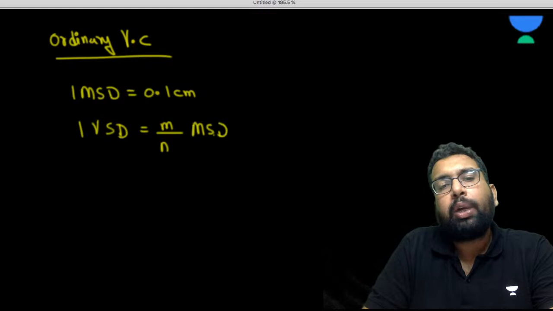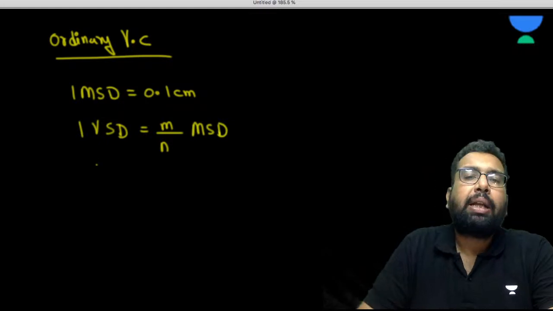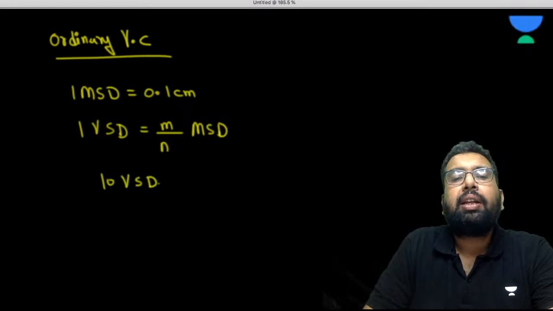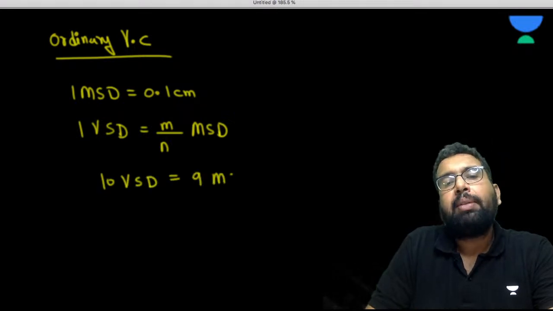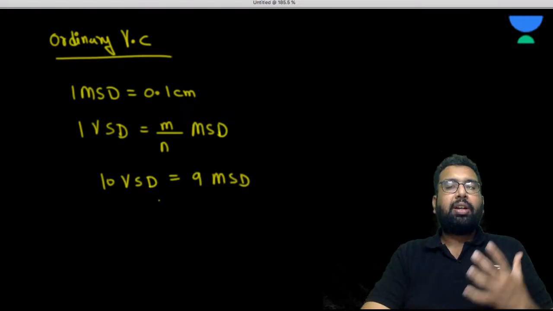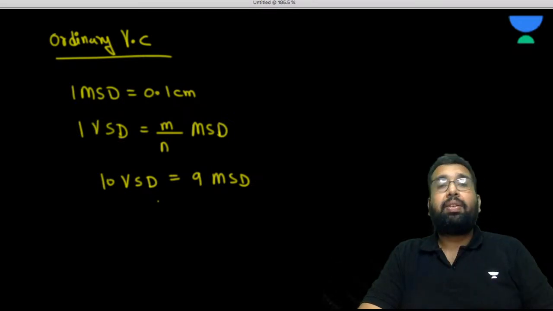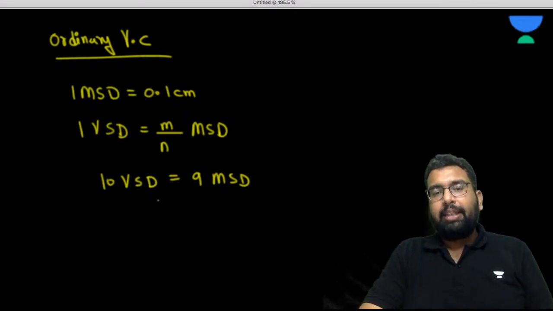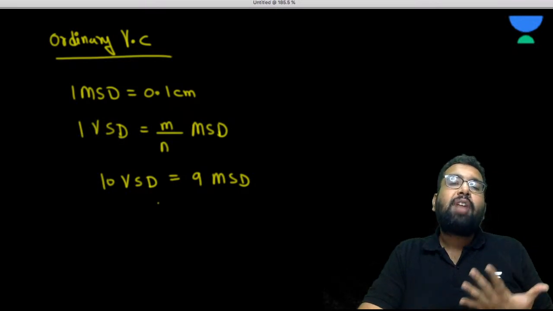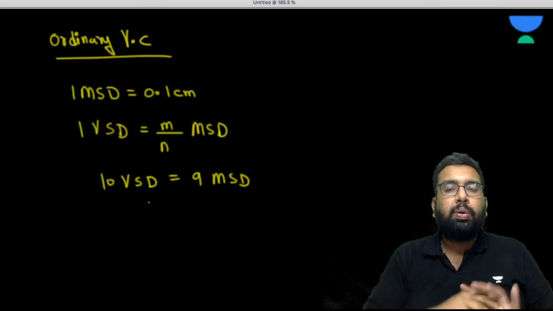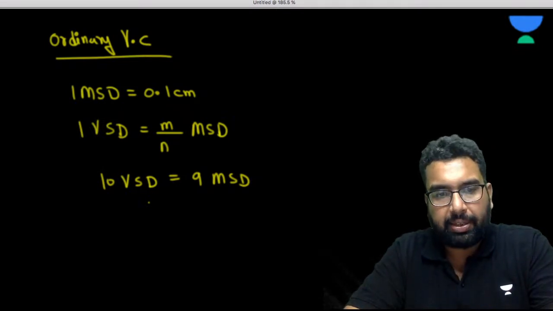So in an ordinary Vernier caliper, what happens? In general, in a normal Vernier caliper, 10 Vernier scale divisions are equal to 9 main scale divisions. This is manufactured like this, so that 10 Vernier scale divisions are going to be equal to 9 main scale divisions.